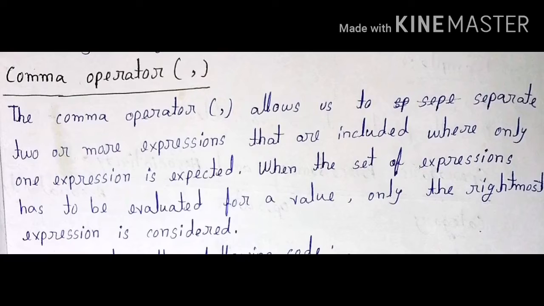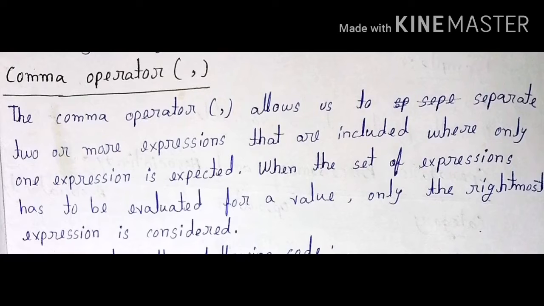Now we'll see the comma operator. The comma operator allows us to separate two or more expressions that are included where only one expression is expected. When the set of expressions has to be evaluated for a value, only the rightmost expression is considered.